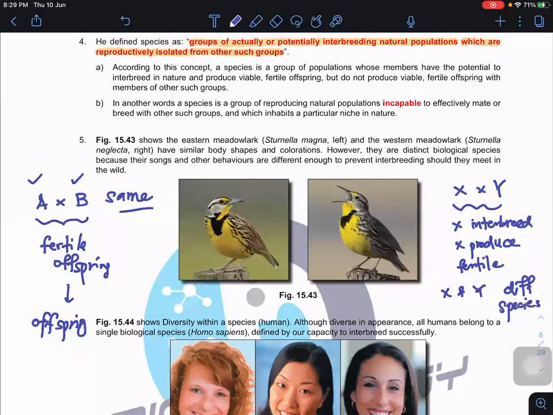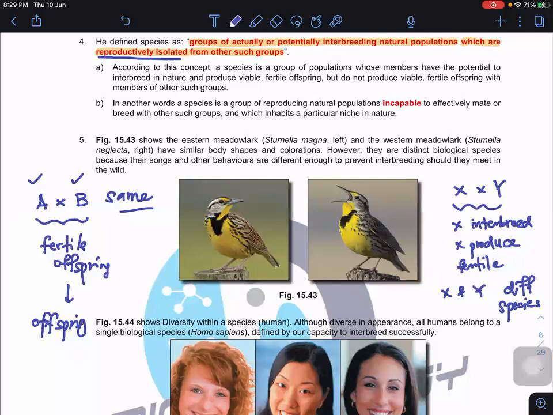Why can't they interbreed or produce fertile offspring? Because they are reproductively isolated from other species. So X and Y cannot interbreed because they are reproductively isolated, which means that they cannot reproduce between these two.